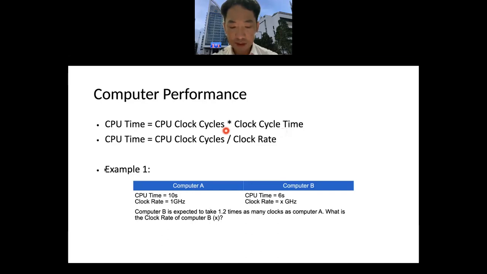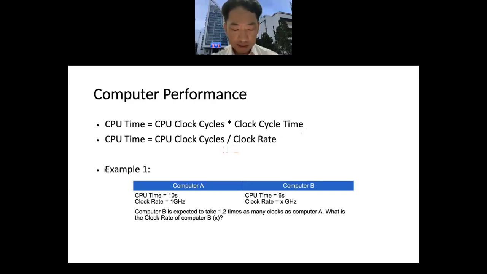So this is the number of cycles times the cycle time, and we get the total time. Or we can simply use the CPU clock cycles divided by the clock rate.